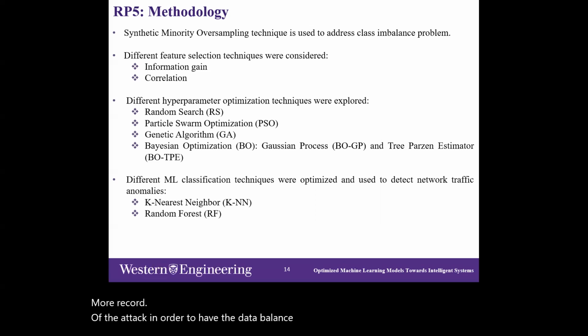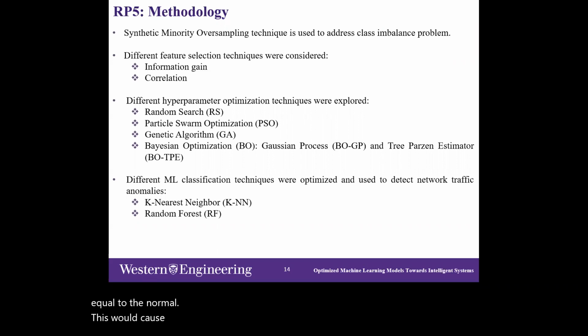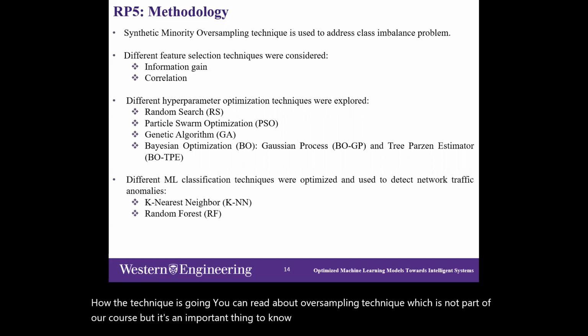Almost the number of attack records is equal to the normal traffic. This would cause class balancing, which means that I have more samples of attack for the model to be trained. How the technique works, you can read about the oversampling technique, which is not part of our course, but it's an important thing to know about.